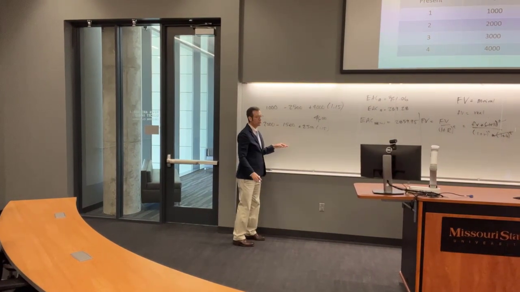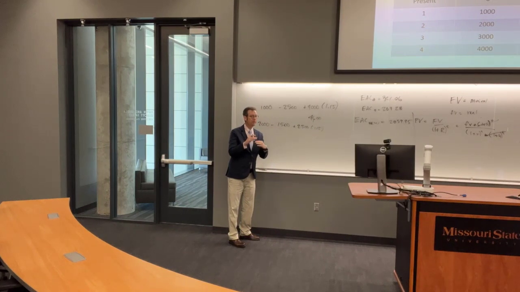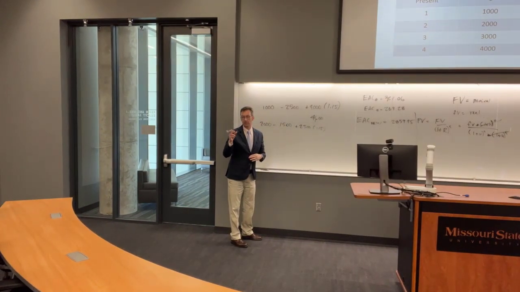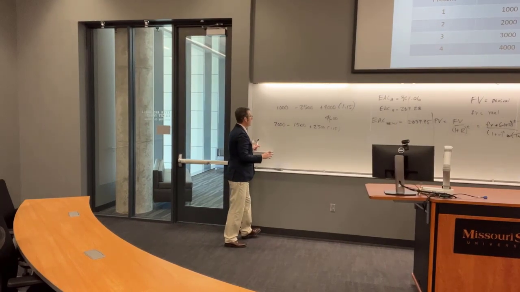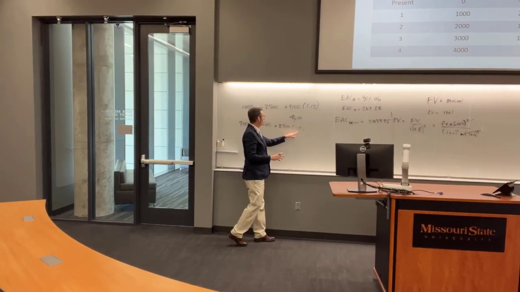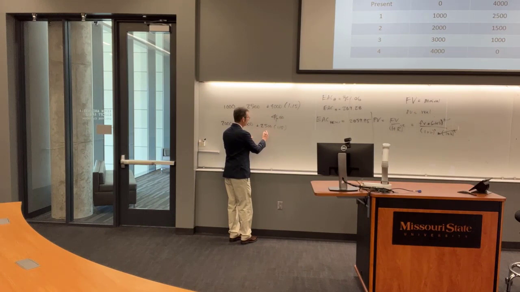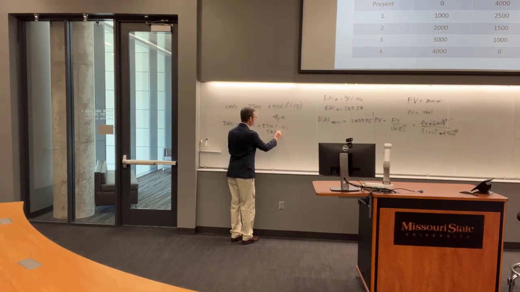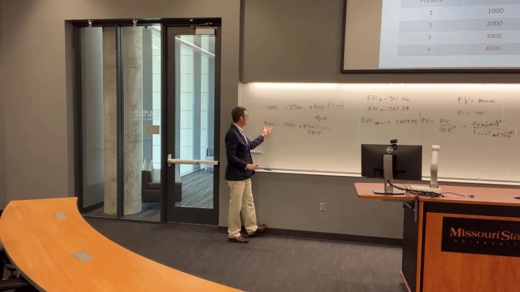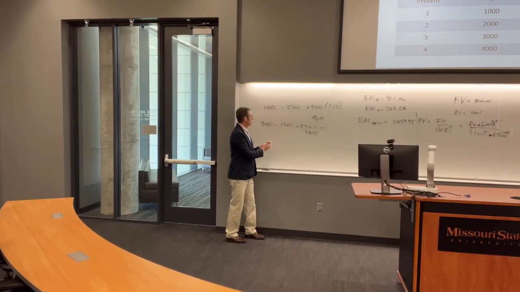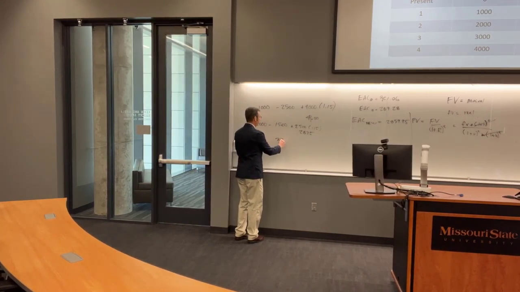So be careful subtracting one salvage value from another, because there's time value of money between them. So what is 2,500 times 1.15? 2,875. And so we've got 2,875 plus 2,000 minus 1,500, which gives us 3,375.